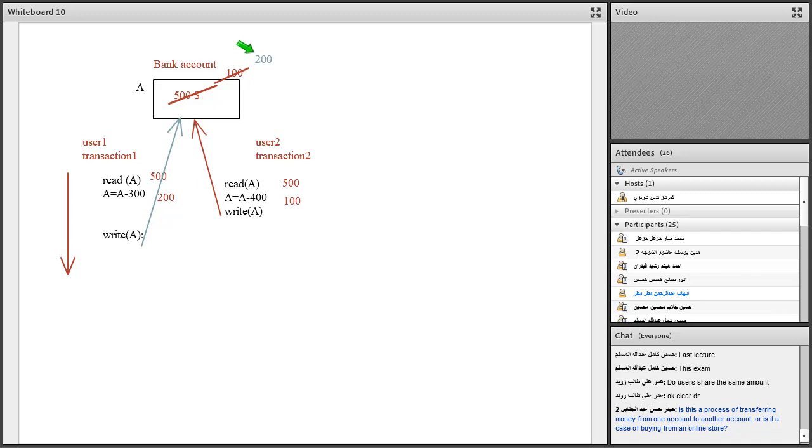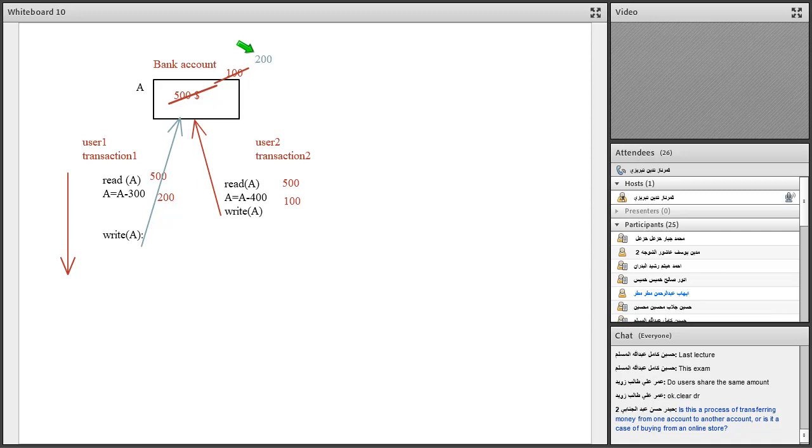It doesn't matter. There are two transactions. One can be transferring money and the other one can be buying from an online store. You give your card to your friend, your brother, and he goes to the store to buy something.